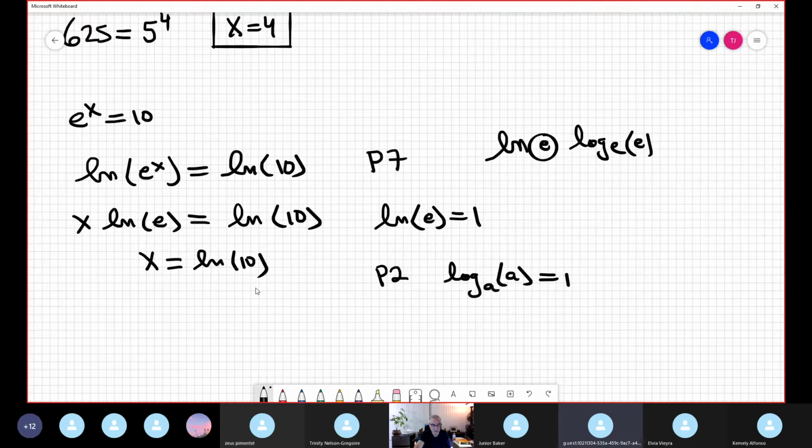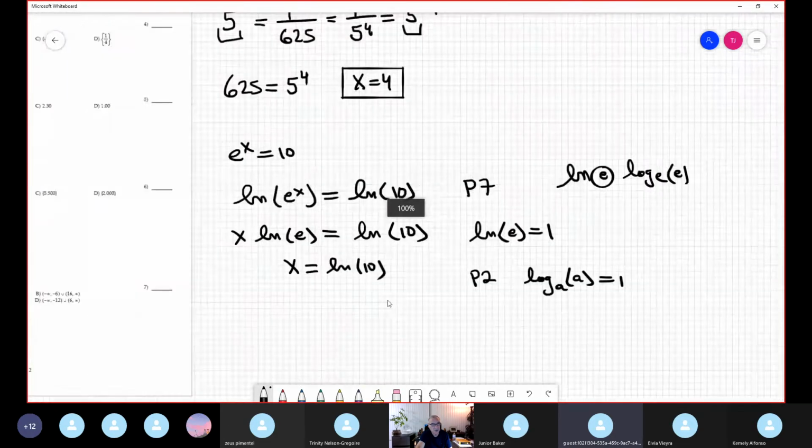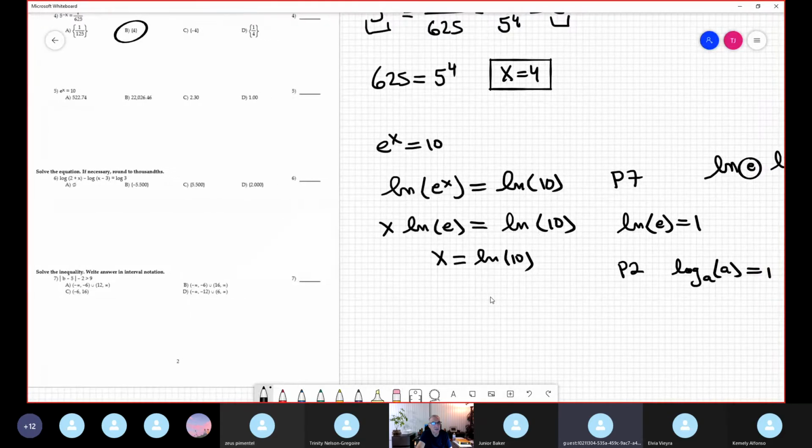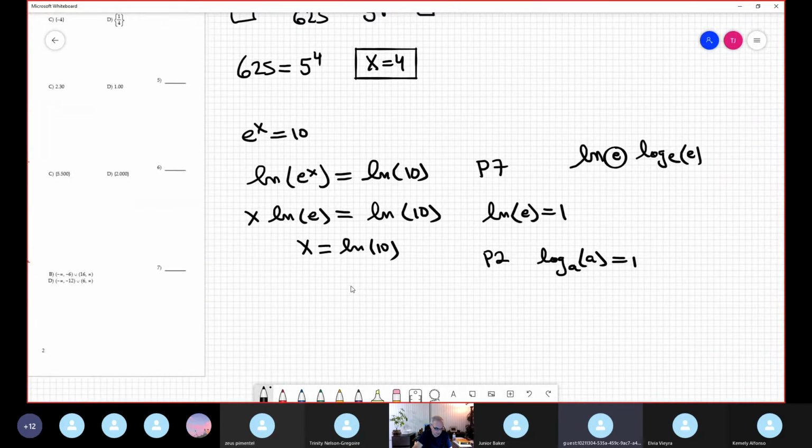Because they want an approximate answer, I suppose, no? Let me see. Yeah, decimal. The natural logarithm, not the common one, natural logarithm of 10 is 2.30, approximately. 2.3, they truncate to the small place.